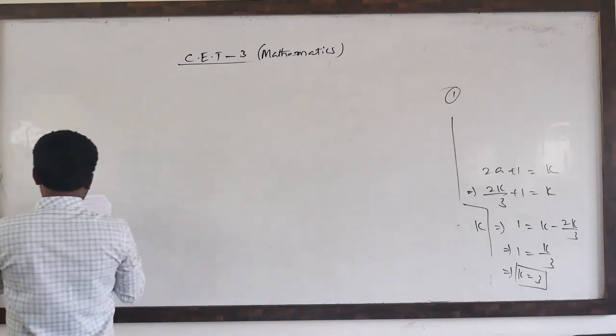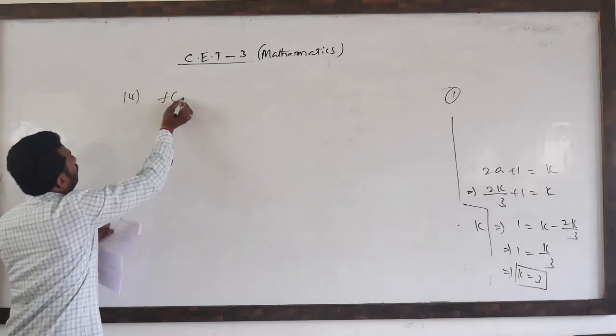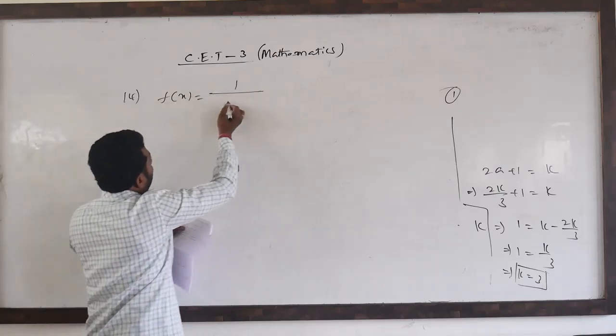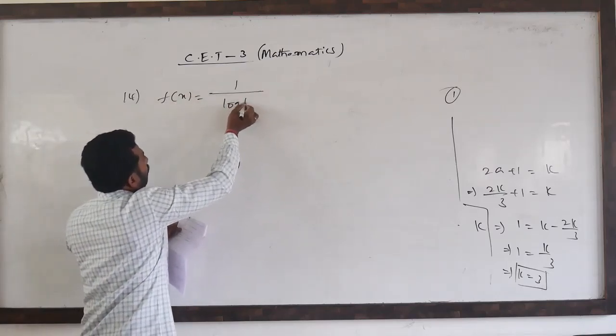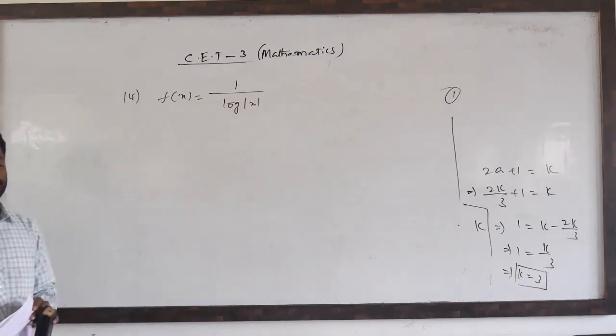The number of points at which the function f of x equal to 1 divided by log of mod x is discontinuous.